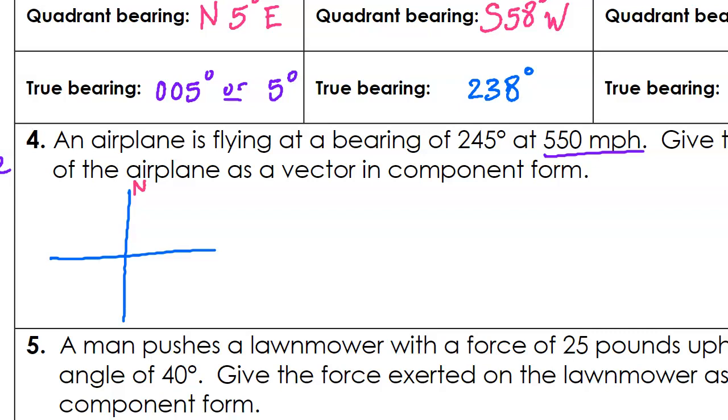So from the north, that's not quite three quadrants. Instead, it's like two and a bit. So this is 245.